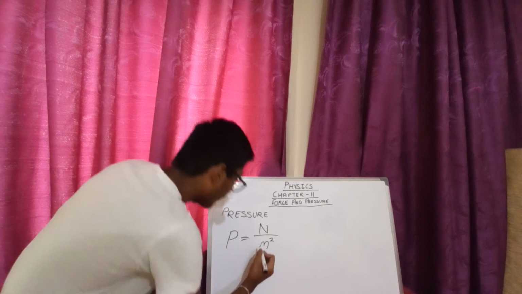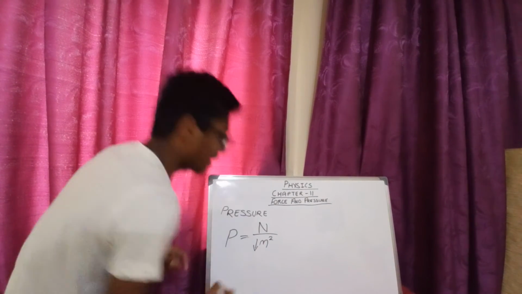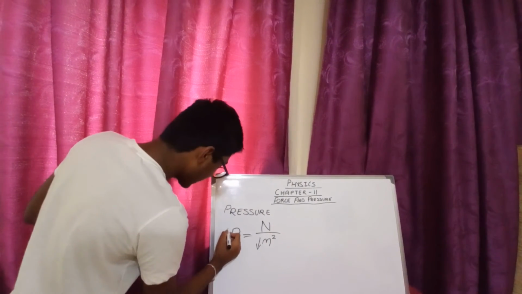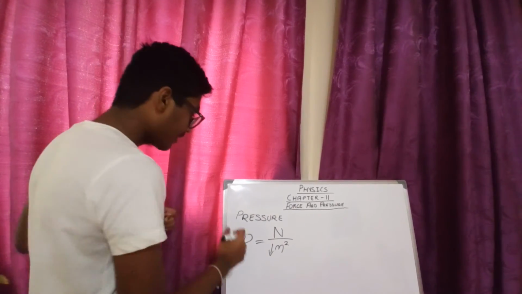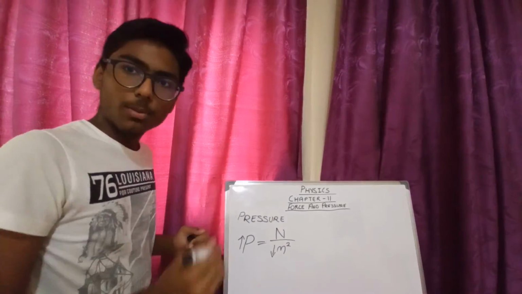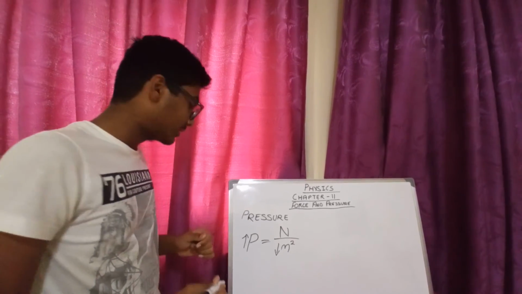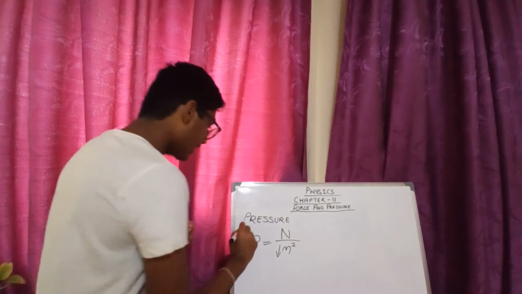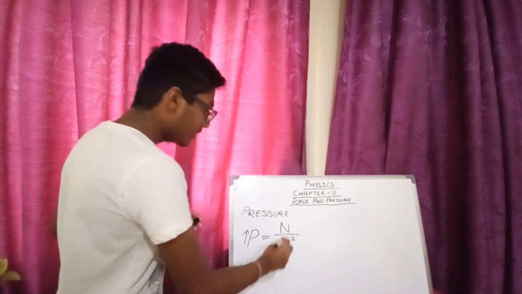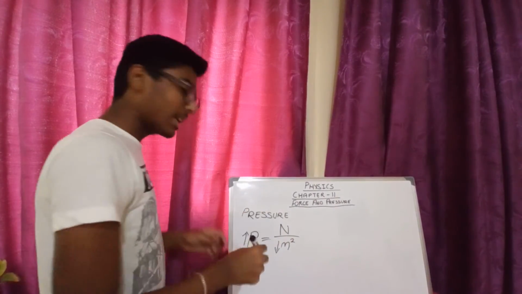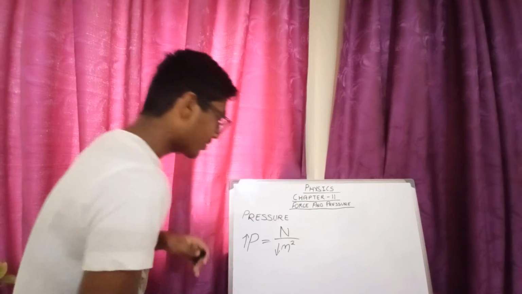That is, if area decreases, then pressure increases. This is called inversely proportional. That is, if the value of one thing goes down, the other value will increase. In this case, if meter square decreases, that means the area decreases, then the pressure will increase.